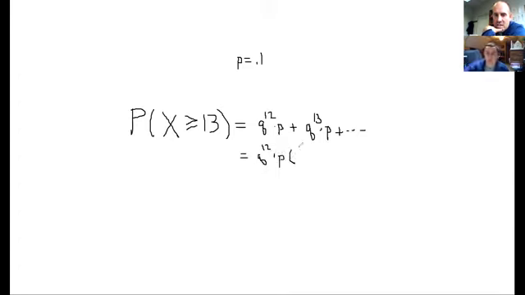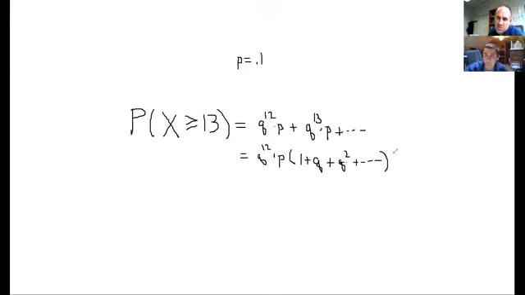There's a 1 here, plus what would be left behind here? That'd be a q. Plus, well, then it would be a q squared. Just so you see the pattern more clearly, plus dot, dot, dot. Okay, so 1 plus q, plus q squared, etc.